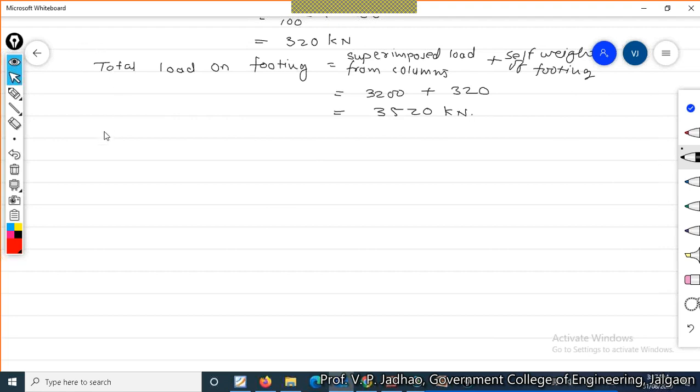Now we have one formula for calculating the area of footing, the same which we used in the case of isolated footing.